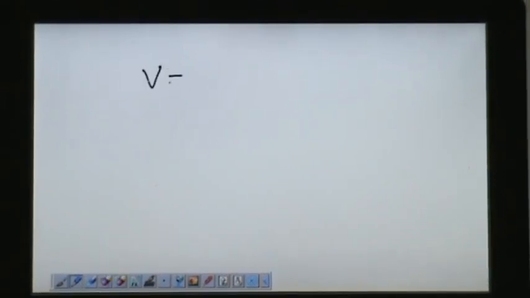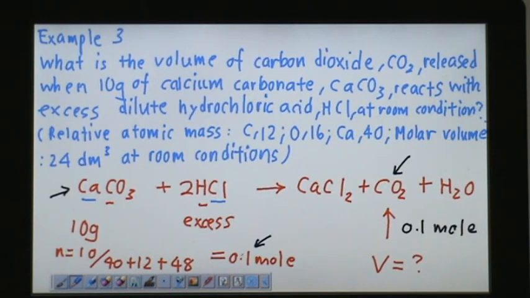So the volume is actually, going back to the page just now, we have 0.1 mole of CaCO3. So CO2 would have 0.1 mole also, according to the balanced equation.